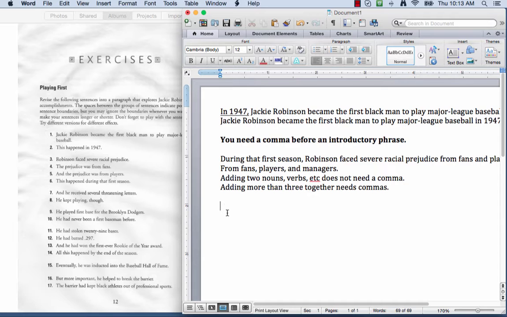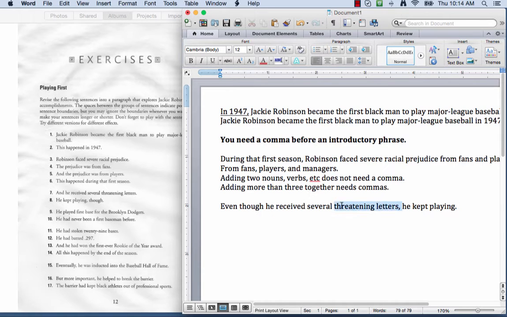Well, I'm going to add some words to this, and instead of and, I'm going to go, even though he received several threatening letters, he kept playing. And what I did is, see the though is here, so I made it an even though.